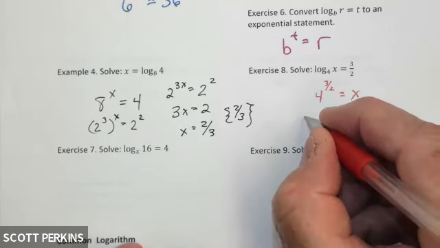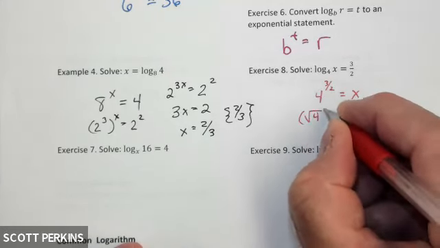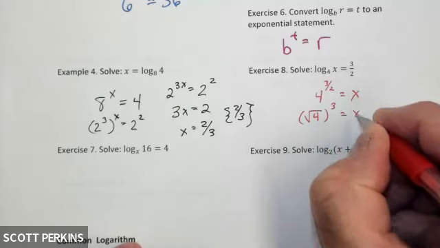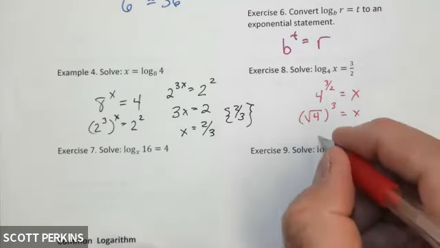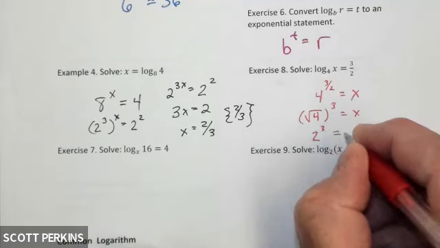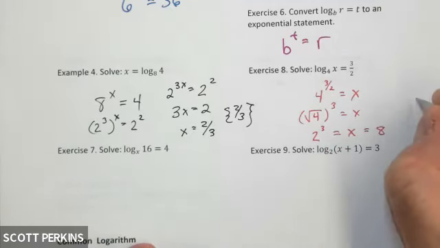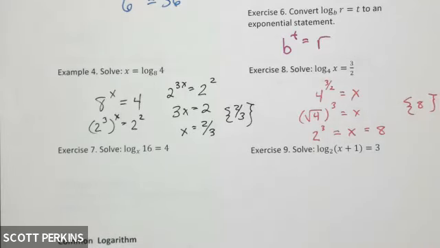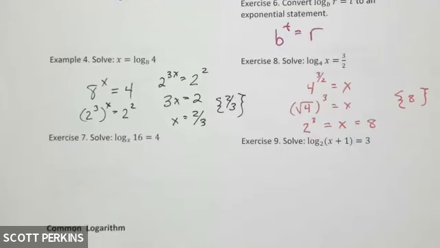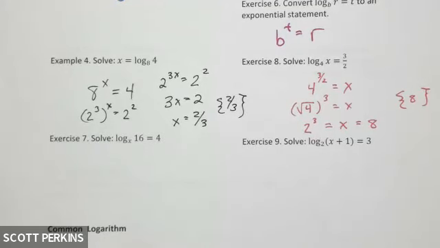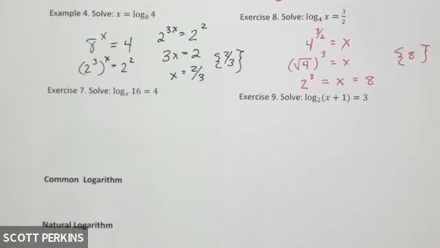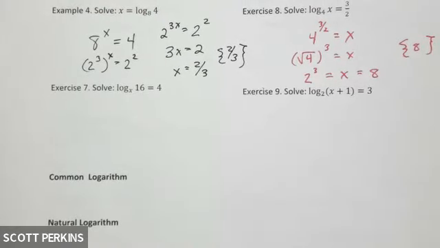So this is the square root of 4 raised to the third. Square root of 4 is 2. And so 2 to the third becomes 8. So that is my answer to this problem, 8. Again, I'm fine if you use a calculator to do that, but properties of exponents just gave me the same thing right there. Do exercise 7 using the definition to solve that logarithmic equation.